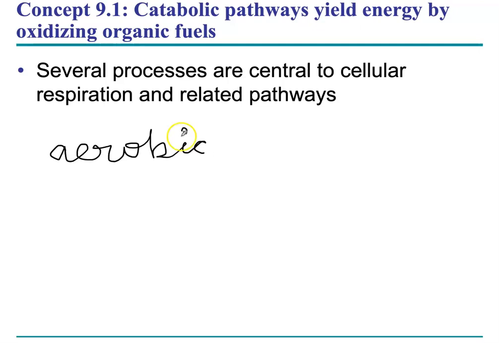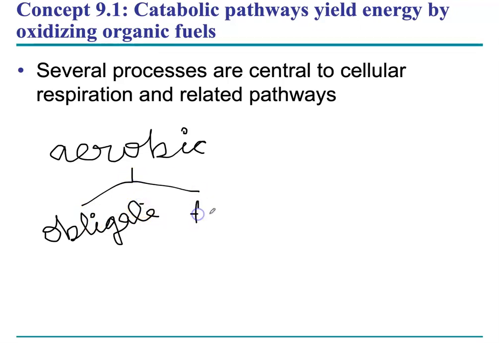Under aerobic respiration, there are two different types. One is obligate. And then the other one is facultative. And I will get to what that means in a second. The second type of respiration is anaerobic.